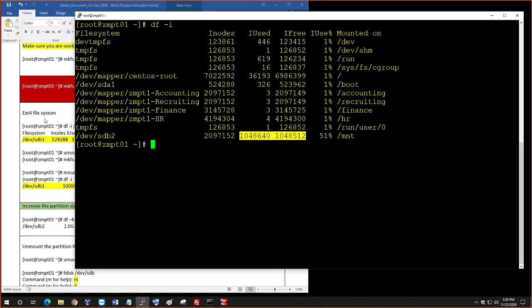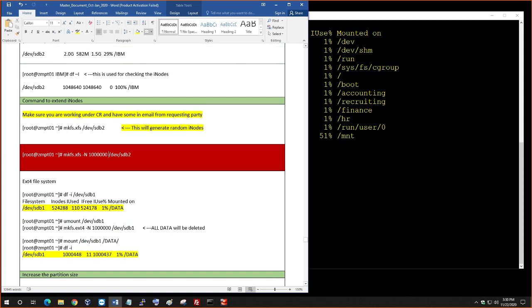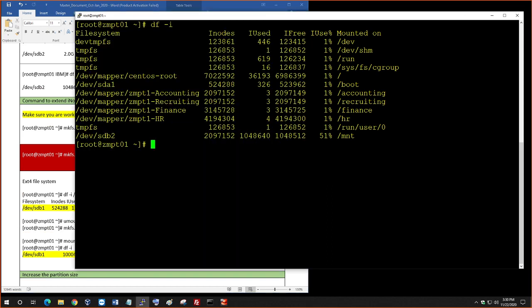Earlier the inodes were all used up, right? So inodes was used up 100% here. Okay, so for you to increase the inodes here, I have already increased it, so you may not see the effect here, but here's the command.